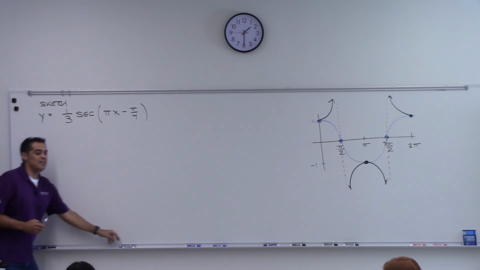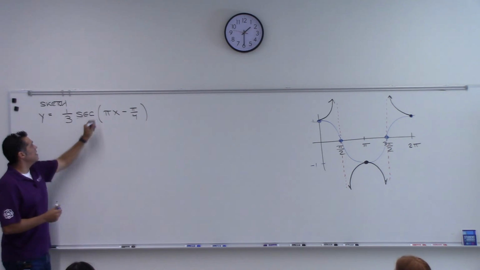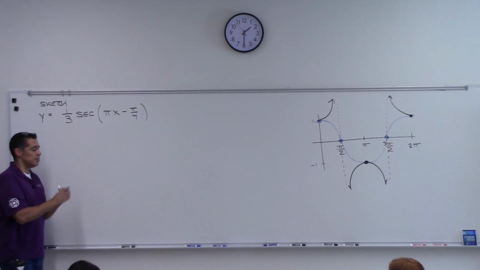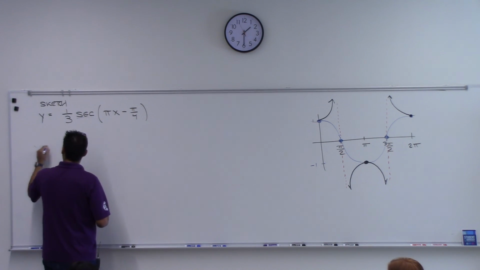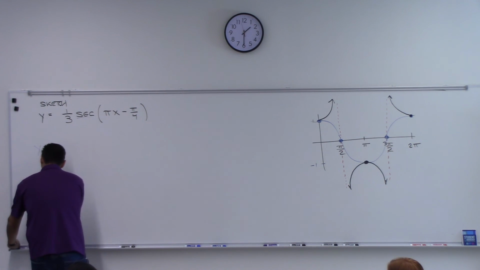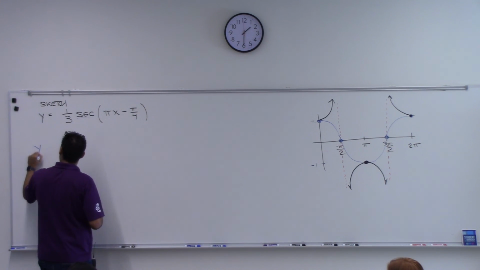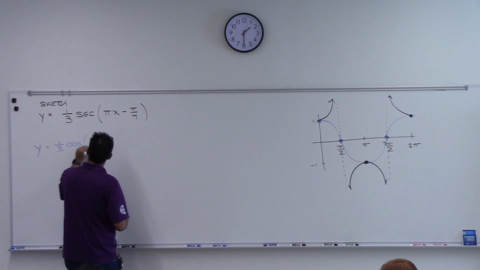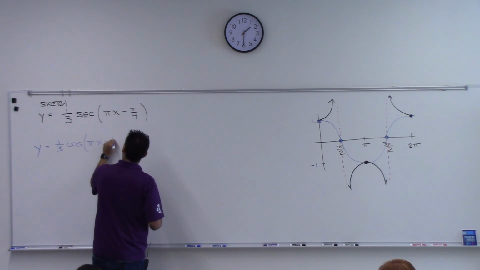So I look at this and I say, okay, I need to graph a secant, right? Secant's the reciprocal of cosine. So I'm really going to graph the cosine of this first. So I'm really going to do y equals 1/3 cosine of pi x minus pi over 4.